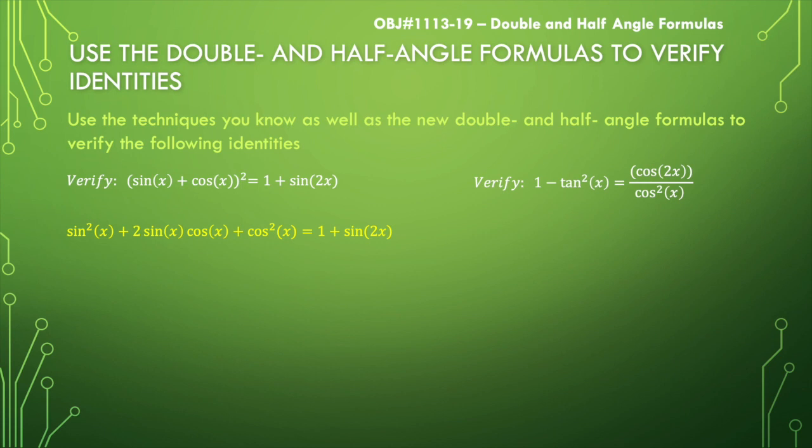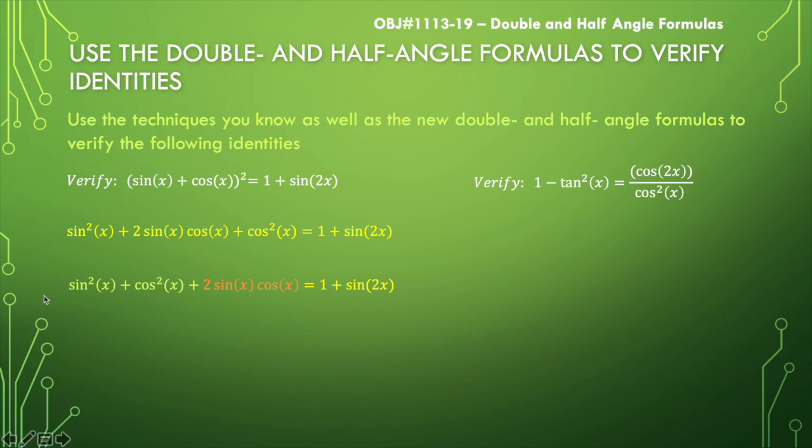Now, if I'm looking at that left-hand side, I see a couple of things that are squared, which always means I want to think about Pythagorean identities. Let's just put those two things together and switch the order: sine squared of x plus cosine squared of x plus 2 sine x cosine x, and set that equal to 1 plus cosine of 2x.